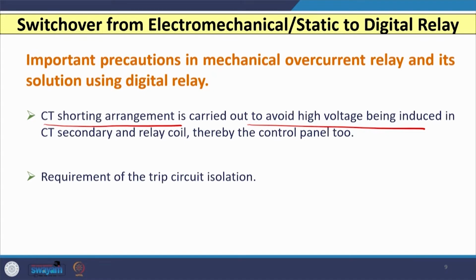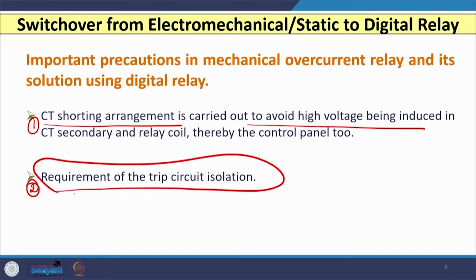So, if any control personnel is working in the control circuit and doing some maintenance, they may get an electric shock. The second reason is the requirement of trip circuit isolation.